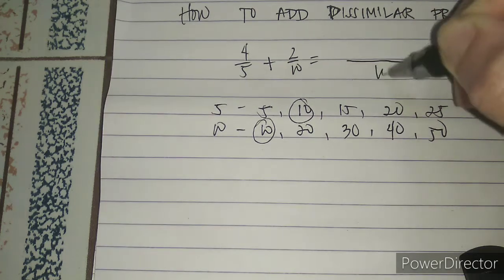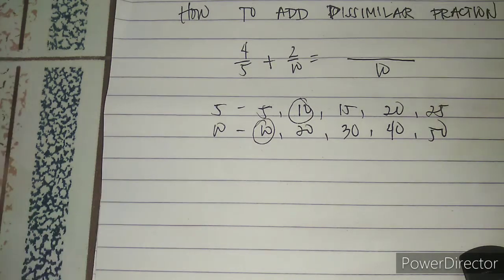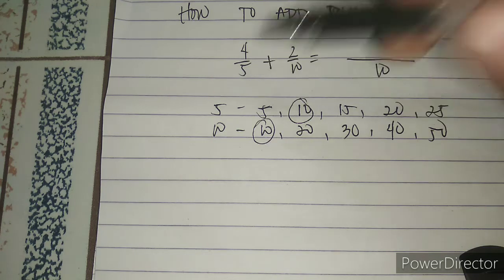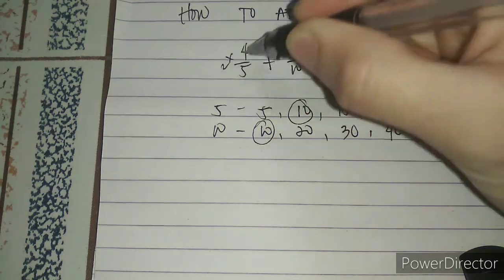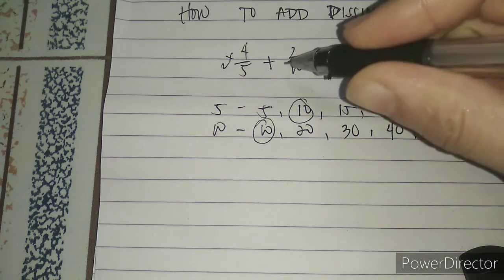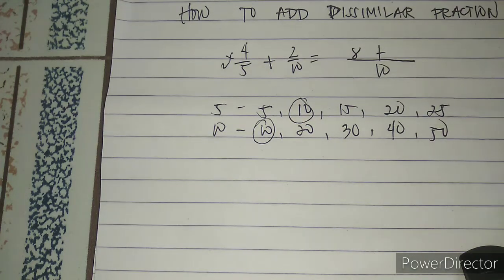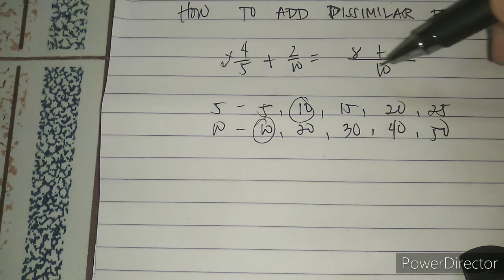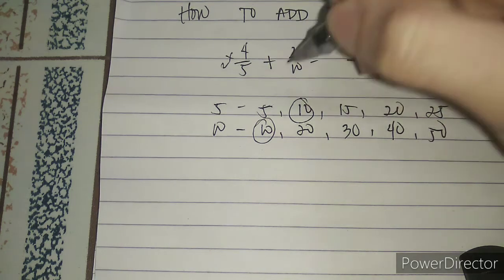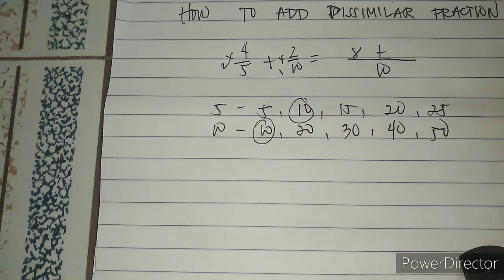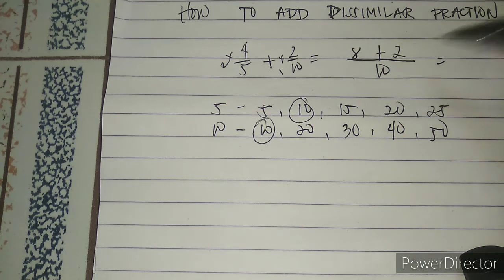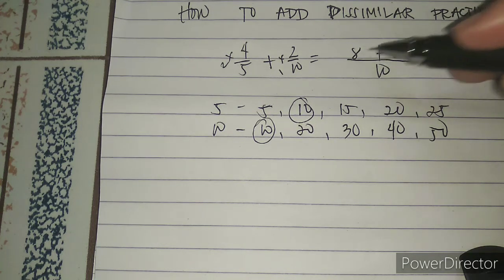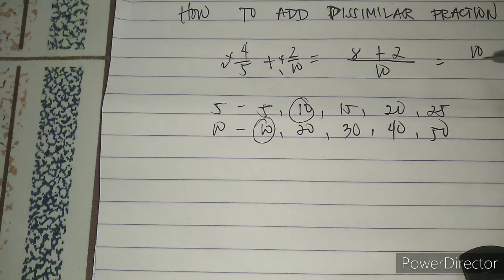Copy lang natin dito. And then, 10 divided by 5 equals 2. Okay? And 2 times 4 equals 8. Copy lang natin yung plus sign. Next, 10 divided by 10 equals 1. And 1 times 2 is 2. Next, add natin yung numerator. 8 plus 2 equals 10.